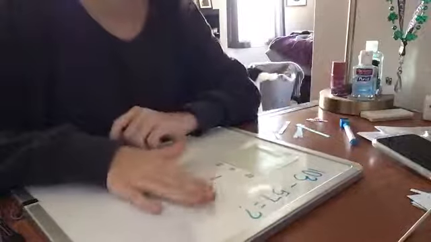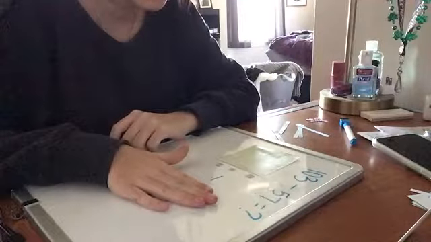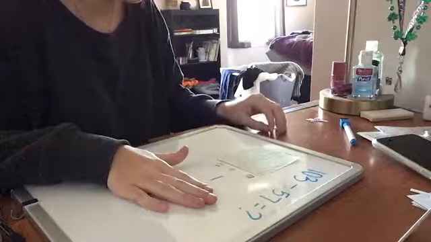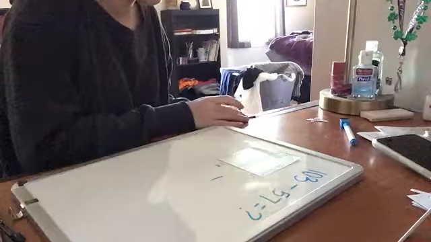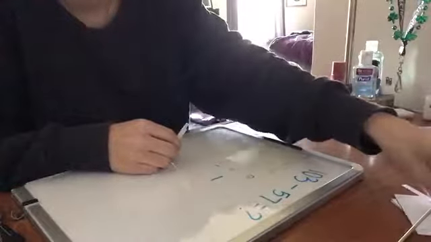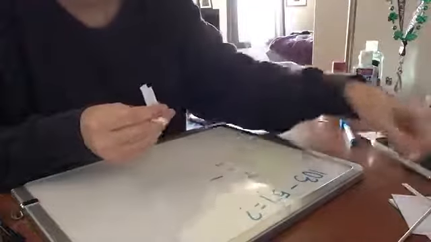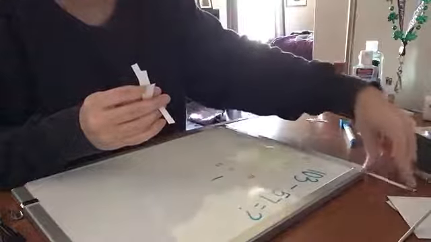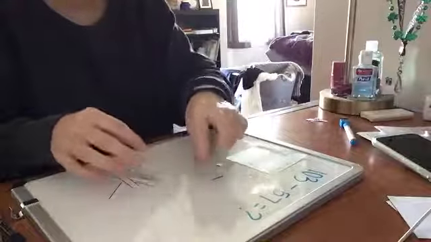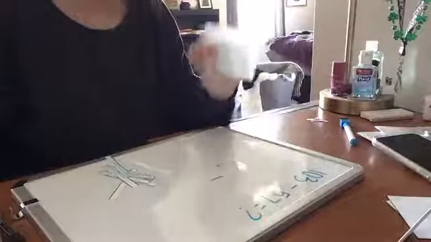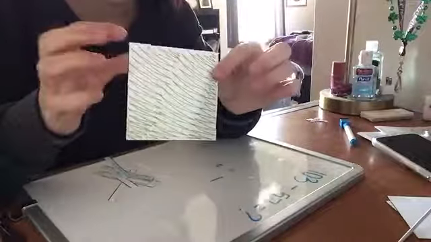So instead of getting 57 more units, I'm going to break my flat up into rods so I can manipulate it, because if I want to take out of my flat, I have to break it apart. So I have my flat that's all together. It's 100 pieces or 10 rods. I'm going to take that apart.